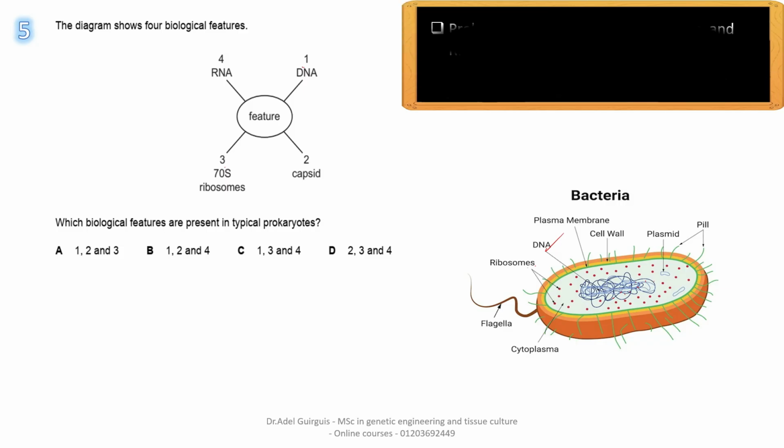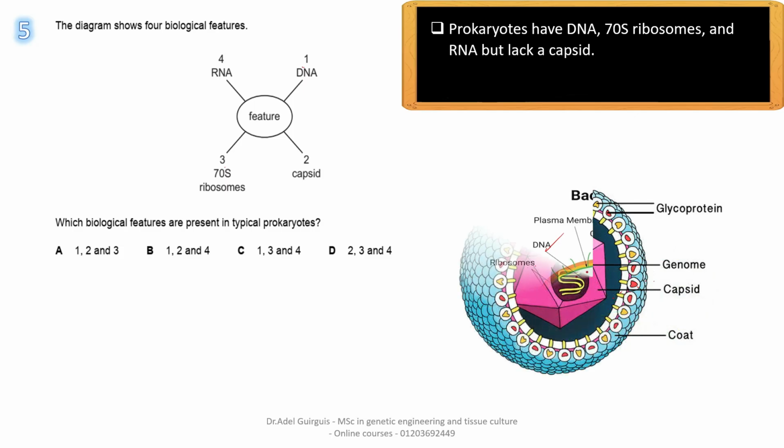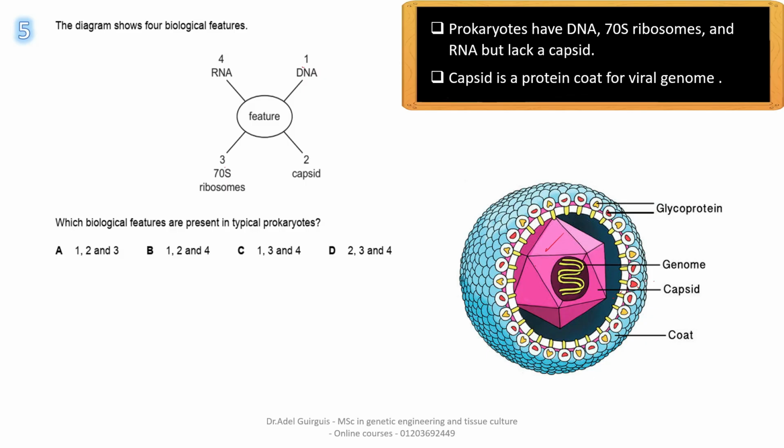Okay, so prokaryotes have circular DNA, 70S ribosomes and RNA, but lack a capsid. Capsid is a unique feature of viruses, where the capsid is formed from units of protein called capsomers surrounding the viral genome. So capsid is a protein coat for the viral genome. So the answer is 1, 3 and 4. So the answer is C.